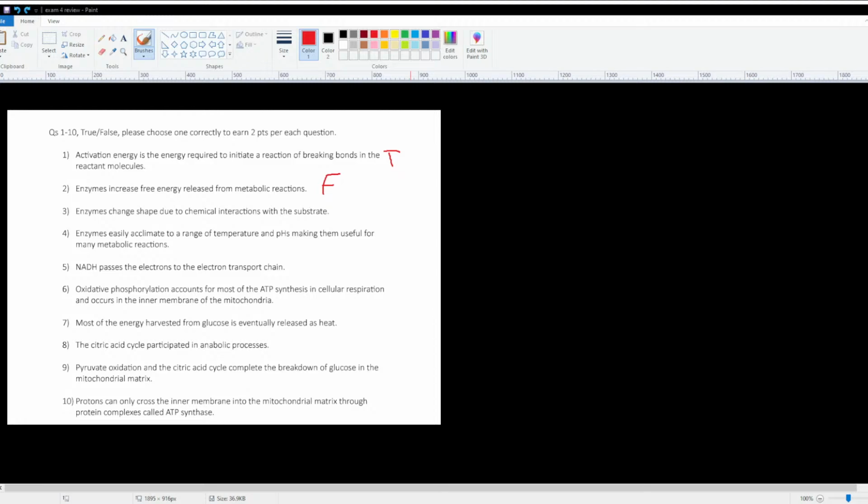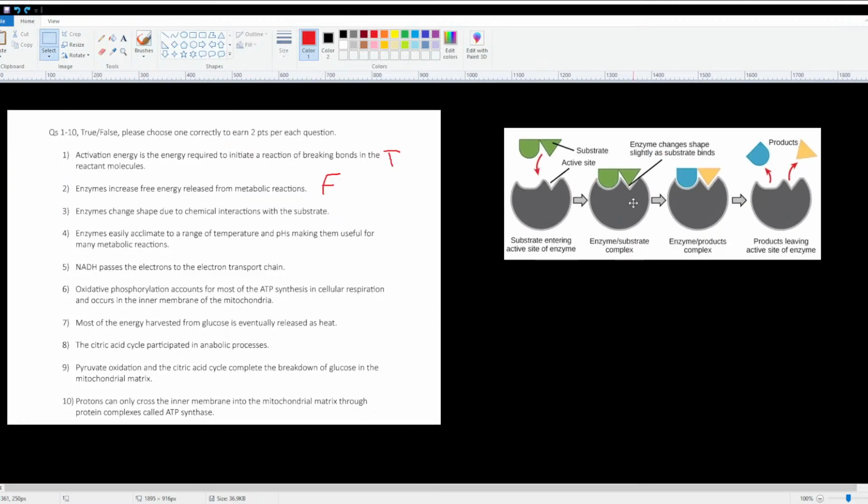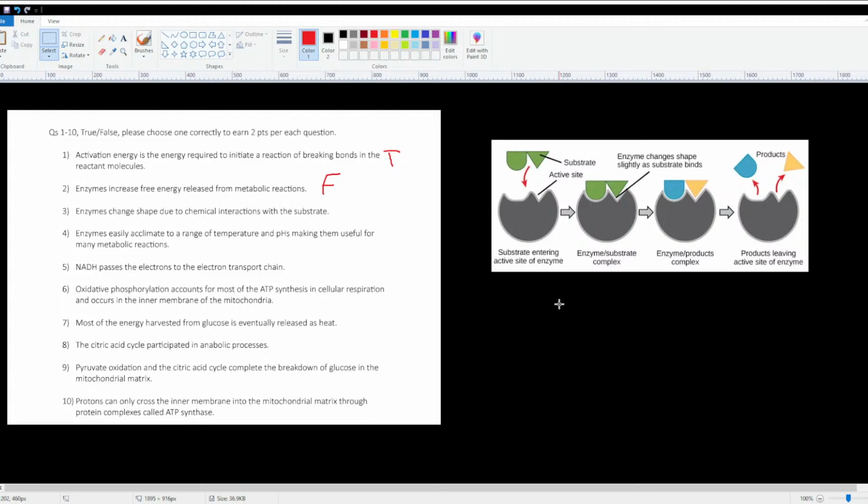Actually, this will be a better image. So what I have here is what's known as conformational change, right? That's what this diagram is showing. So what's going on here, right?